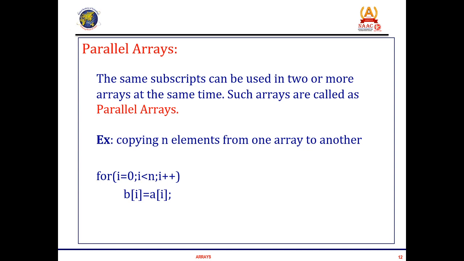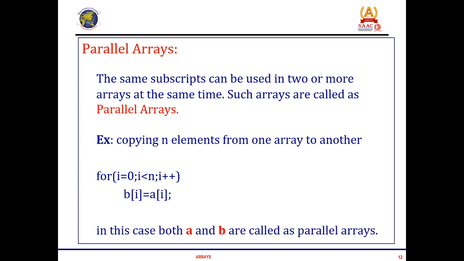On the left hand side, I am making use of array B, and on the right hand side, I am making use of array A. But watch out carefully. In case of both the arrays, the subscript is the same, that is variable i. That is what I mean. The same subscript can be used in two or more arrays. And in this case, both A and B are called parallel arrays.